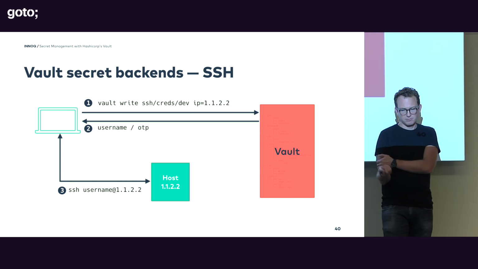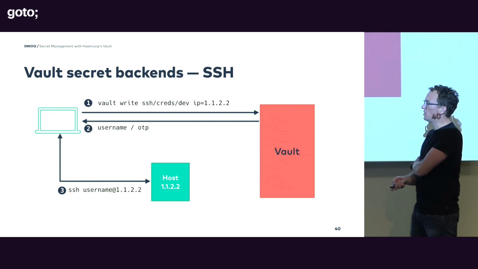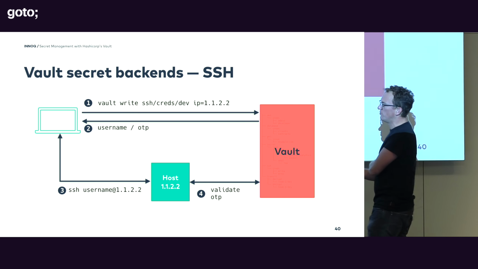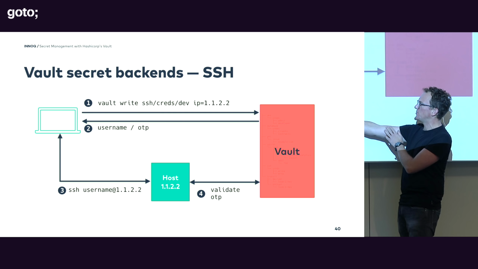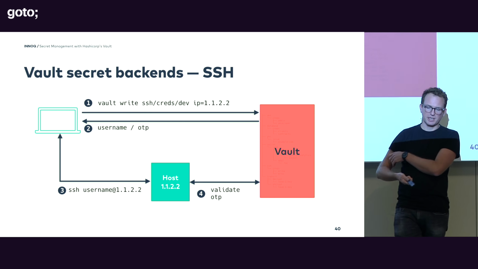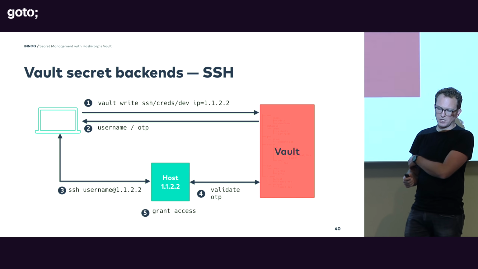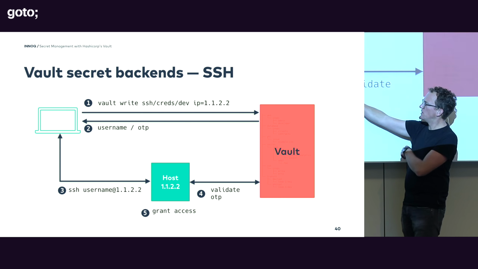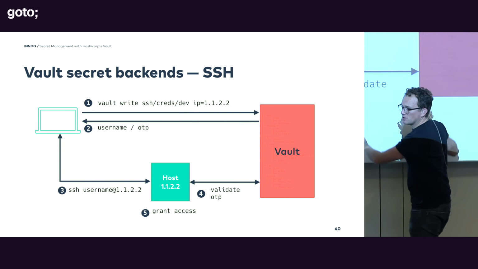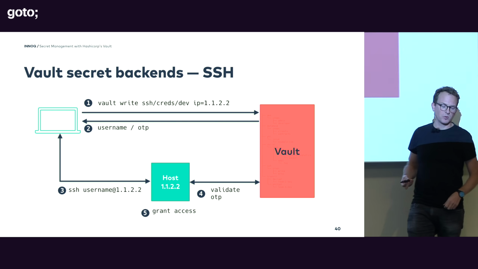With that, you can try to connect to the host. And now on the host, there's a small Vault agent that talks to Vault and validates that this username with a one-time password is valid, and then gives you access to the host. The disadvantage of this technique is that if they cannot talk, you don't have access to your machines anymore.